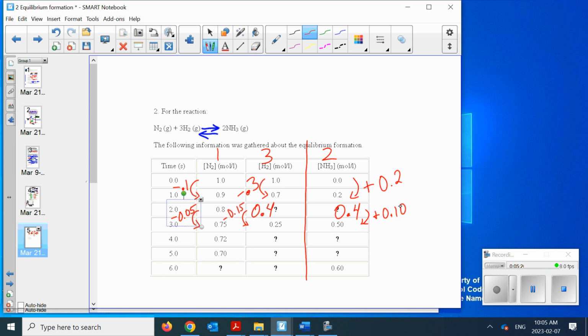Using that logic, can you guys fill in the rest of that chart? Now, the numbers are different. It's 75 to 72. It's 0.3. I'll pause the recording. You guys fill that out?